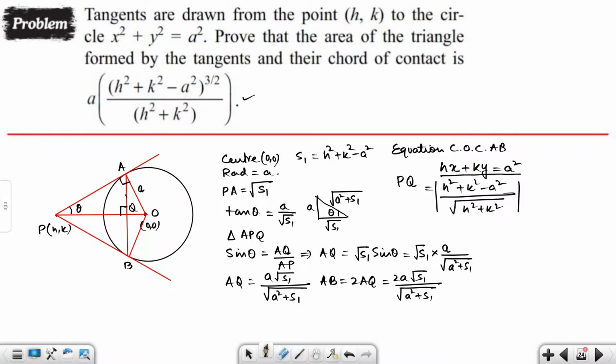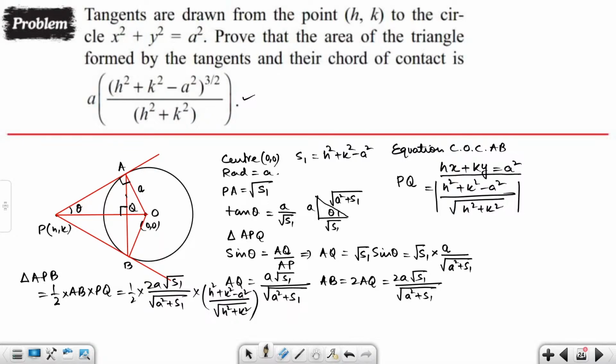You know AB. Then what will be the area of the triangle APB? It's half into base into height. That's it. So that gives us half. What is AB? AB is 2 times A root S1 divided by root over of A square plus S1. Correct? Into PQ. PQ is what? This is your PQ, which is H square plus K square minus A square divided by root over of H square plus K square.